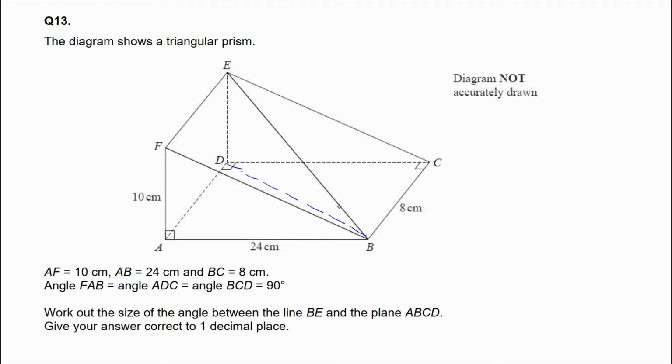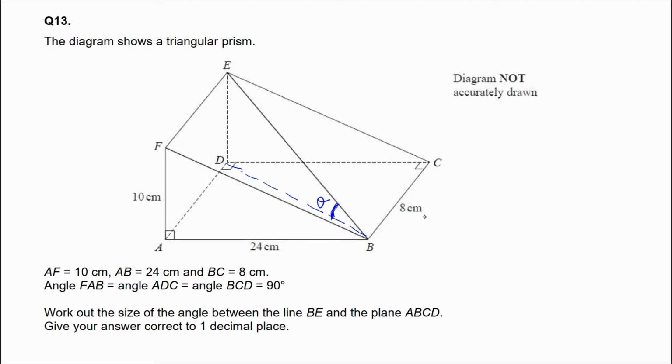Now, this is the angle that is required, this angle here. Just label it theta. So we want to find the angle between this line BE and basically the base, which is ABCD.